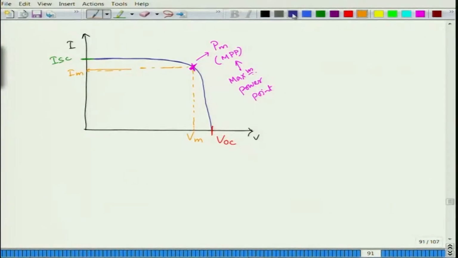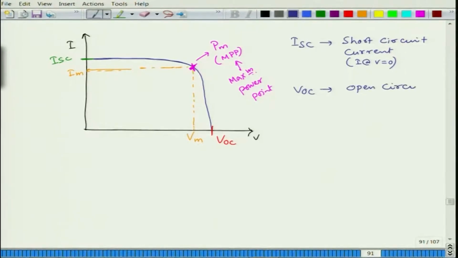Okay. So, let me quickly write them so that it is clear. So, ISC is your short circuit current, that means I at V equal to 0 case, and then VOC is your open circuit voltage, which is V at I equal to 0 case. Okay.